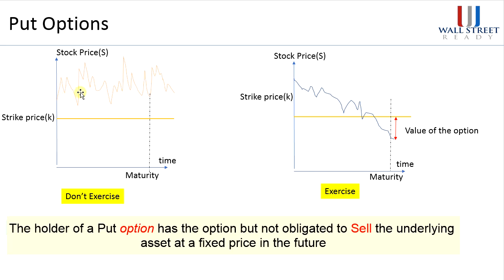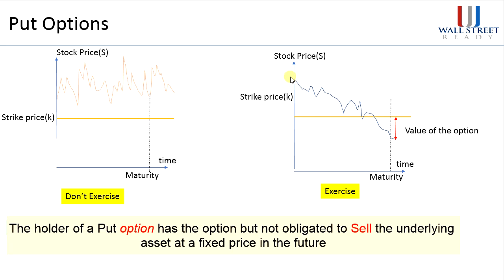You can see the stock price, even though it's volatile, is still much higher than the strike price in the put option. So why would you sell at a low price when you could get much more by selling at the market price? So in this case, you will not exercise your put option.